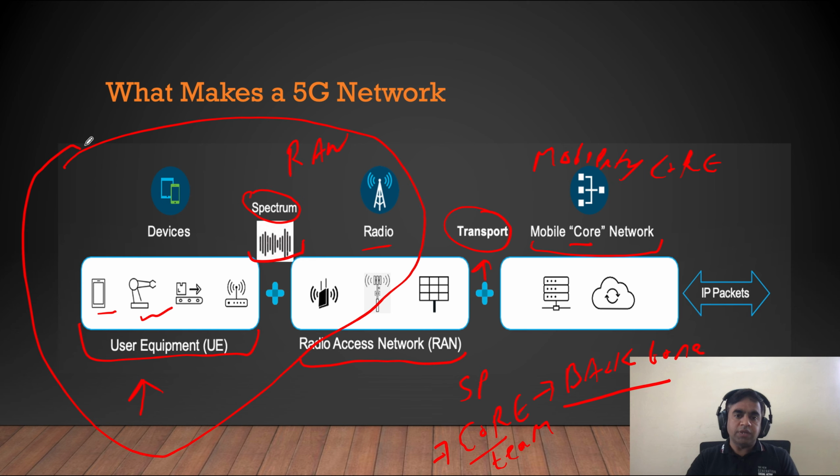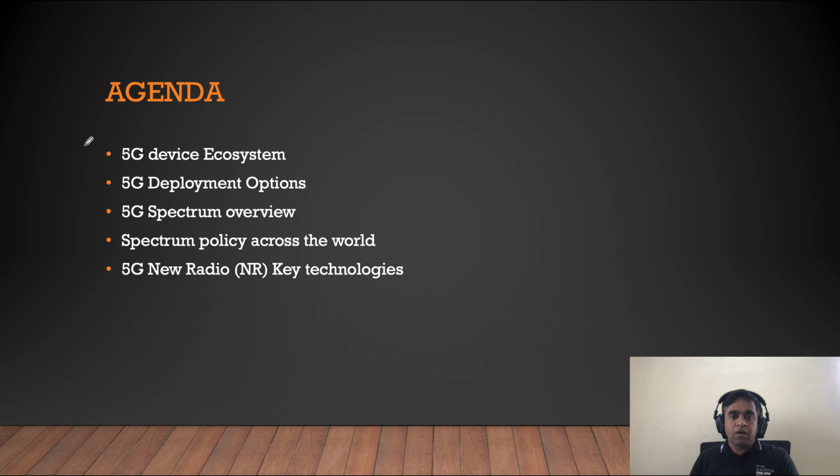So now let's go to the agenda. As I was saying, we will look at the 5G device ecosystem. I will cover at a high level what are the deployment options. Then the spectrum overview. How does the spectrum allocation policy work across the world, and what had changed in 5G?